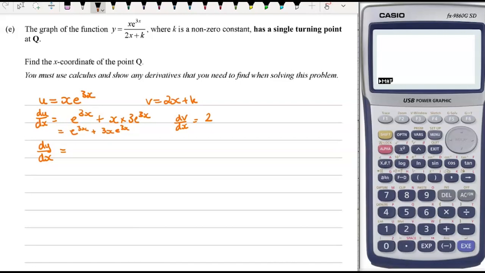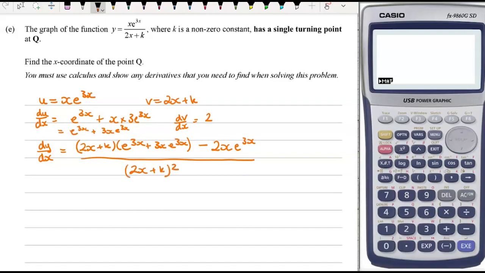Using quotient rule is v times du by dx first, so 2x plus k times e to the 3x plus 3x e to the 3x minus u times dv by dx, so 2x e to the 3x all over v squared. Now, turning points happen when this is equal to 0. And we're going to need to solve this.